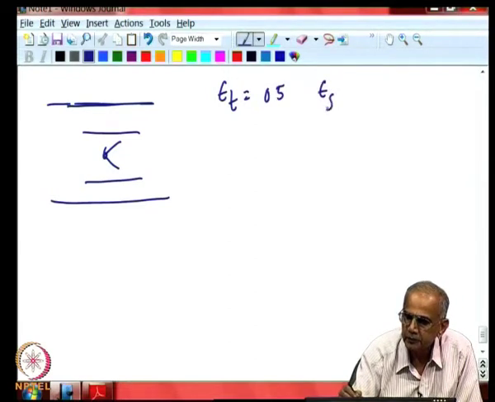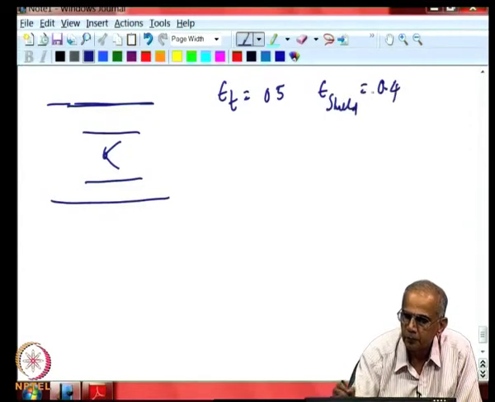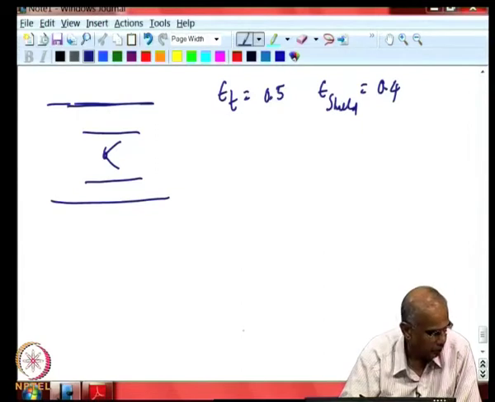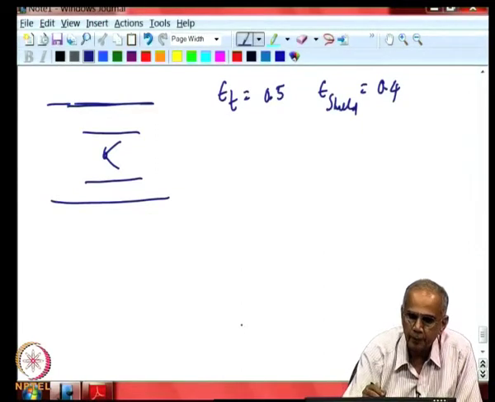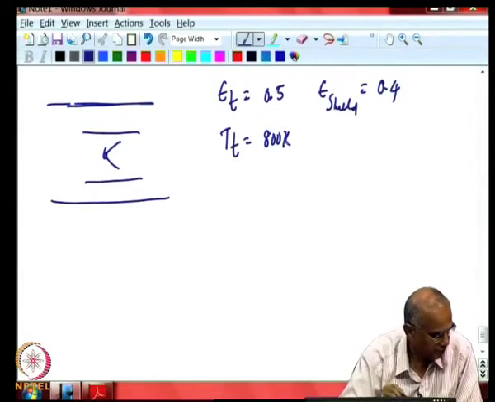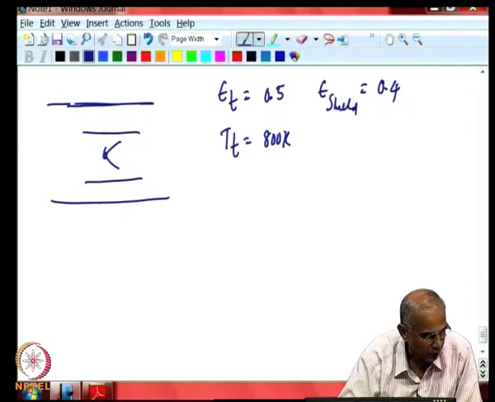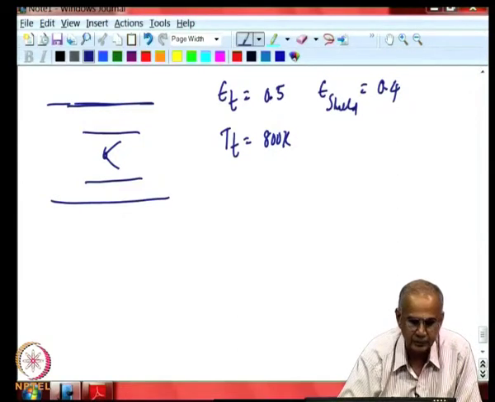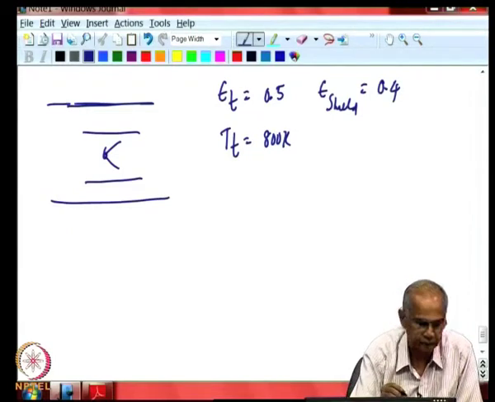The shield is an emissivity of 0.4, just for convenience. Let us say thermocouple measures the temperature of 800 K, and we would like to know what is the actual gas temperature with the shield there.